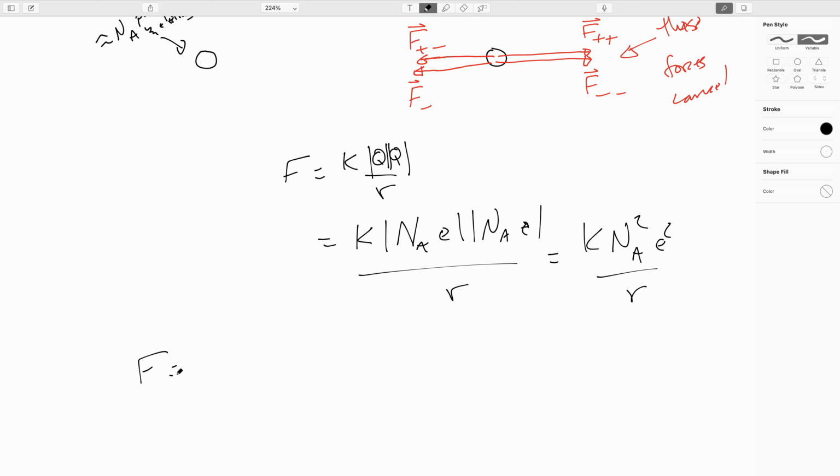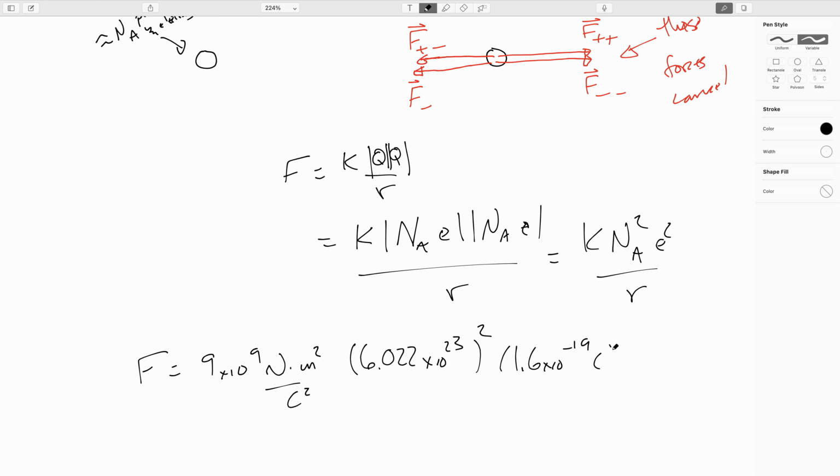All right, so if you put in the numbers, this is going to be 9 times 10 to the 9 newton meters squared per coulomb squared times 6.022 times 10 to the 23rd squared times 1.6 times 10 to the negative 19 coulombs squared over 1 meter squared.